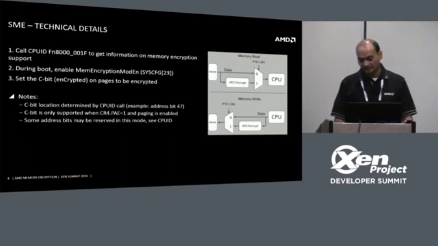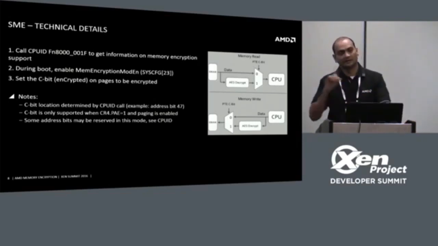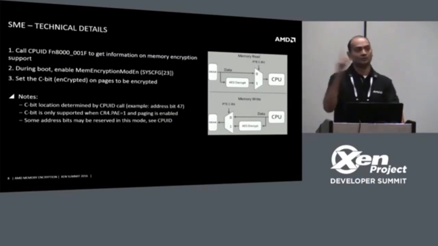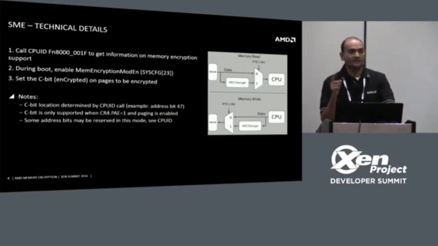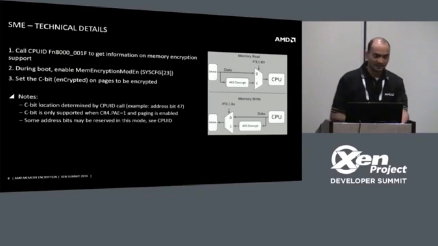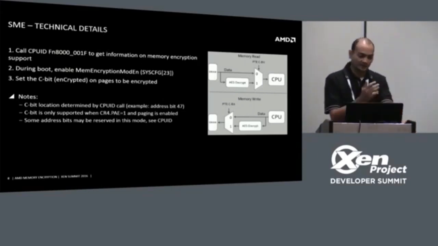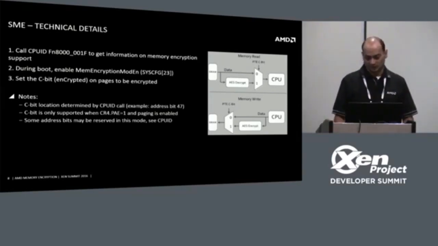And then UEFI we also need to consider, because if the system is booted through UEFI, then UEFI already loads Xen in high memory. In the documentation, our APM describes pretty well how you can do inline encryption in these types of situations.